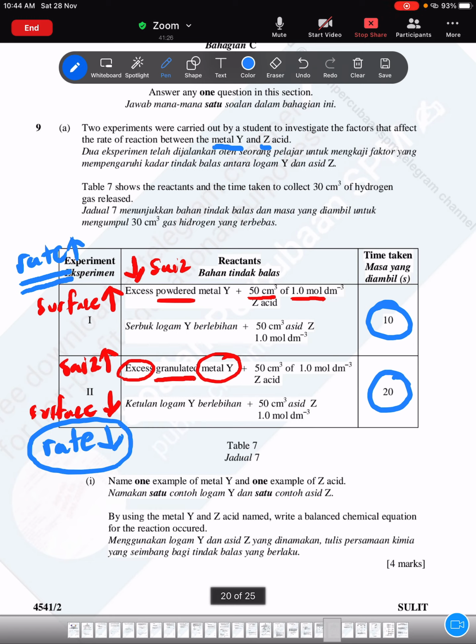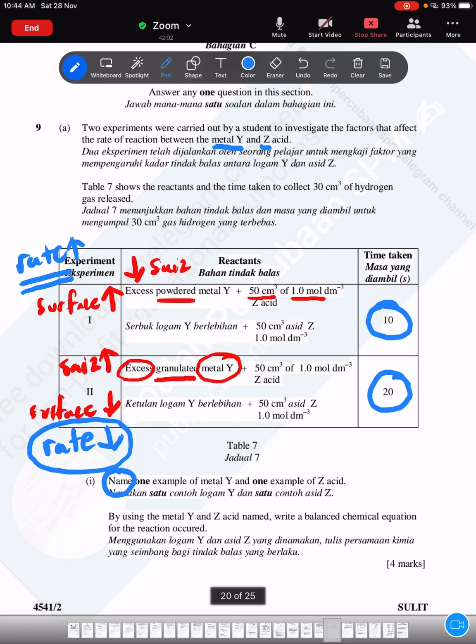Okay tak? Name one example of metal Y and one example of Z acid. Tell me. Okay, why not? Yeah, I agree with you. But girls and boys, listen. They ask us to name. When they ask for a name, you need to spell it out.